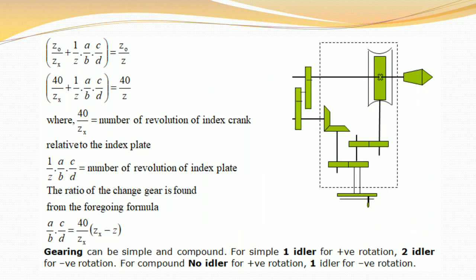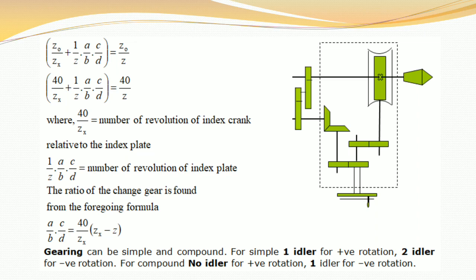Z0 divided by Zx plus 1 by Z into A by B into C by D is equal to Z0 divided by Z. Then we can write 40 divided by Zx, because Z0 is equal to 40, plus 1 by Z into A by B into C by D is equal to 40 by Z, where 40 by Zx is equal to the number of revolutions of the index crank relative to the index plate, and 1 by Z into A by B into C by D is the number of revolutions of the index plate.